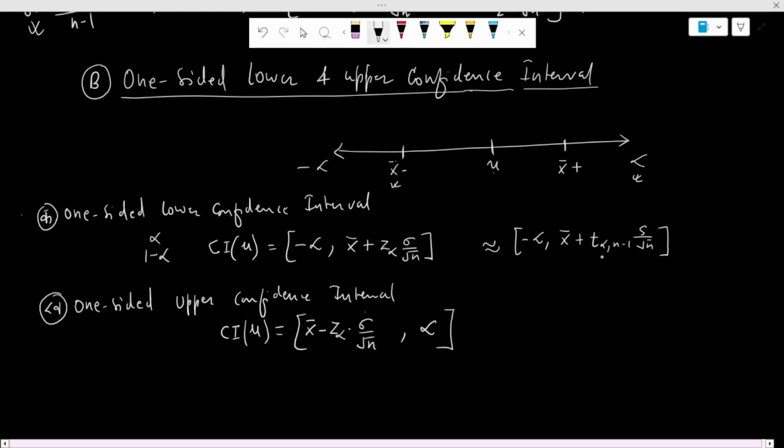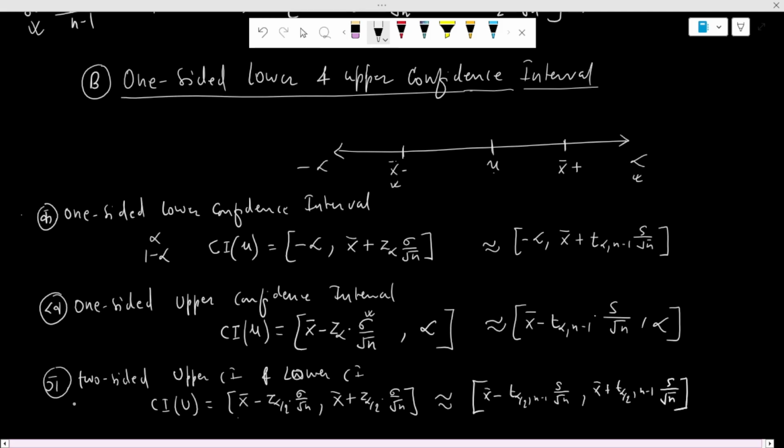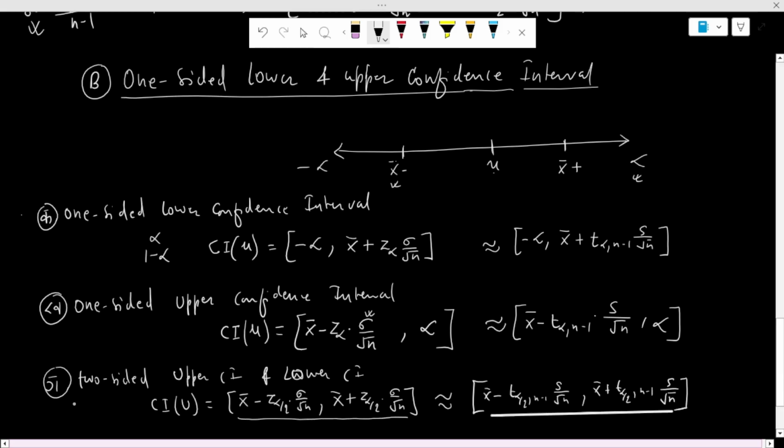We are assuming that we know the population variance, and if we don't and need to estimate it, we use the sample variance. In that case it is t alpha with n minus 1 degrees of freedom, and s divided by root n. So we use this when we know the population variance, and we use this relationship when we need to estimate it, that is, when we don't know the population variance.